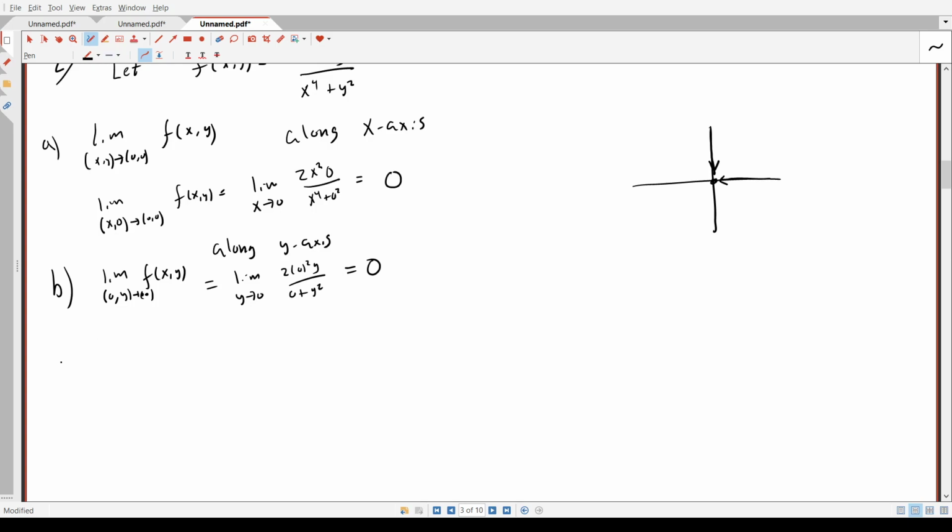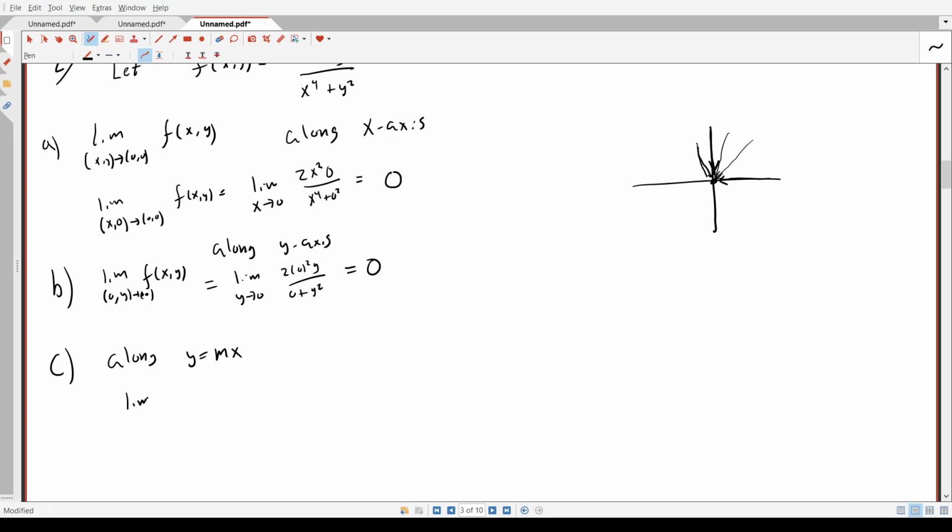Okay, C, it says do the limit along the line y equals mx. So now we're doing this along any slope like this, right? So I'll treat m as a variable. That should be a line. And in C, we'll probably see that it doesn't matter.